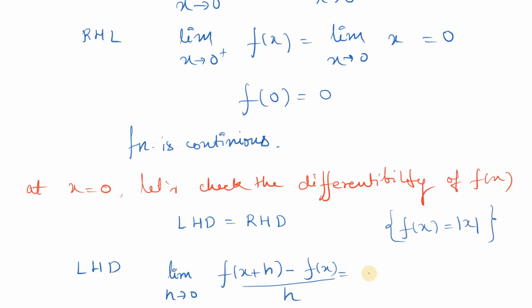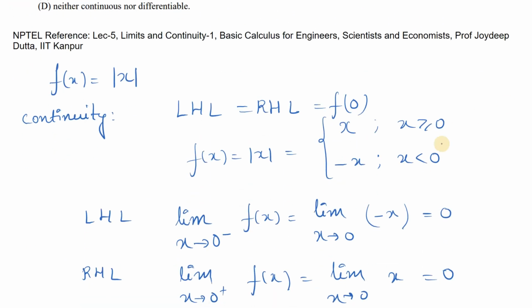This is the left hand derivative, so h tends to 0 minus. Now we'll substitute the value of the function: negative of x plus h minus negative x, because when x is less than 0, the value of the function is negative x.